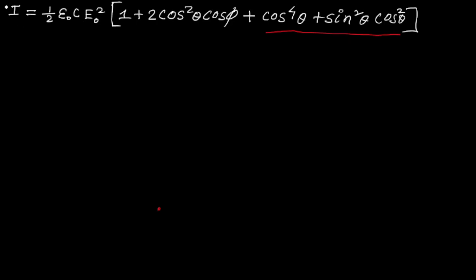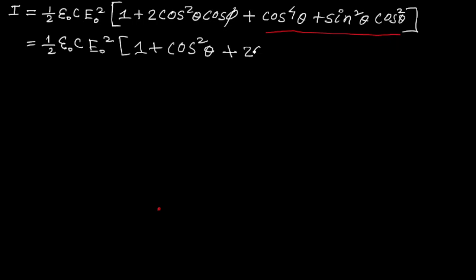So finally we'll get a half epsilon naught c e naught square, 1 plus, I'm writing this term first here, cos square theta plus 2 into cos square theta into cos phi. Okay, so this will be the final intensity.